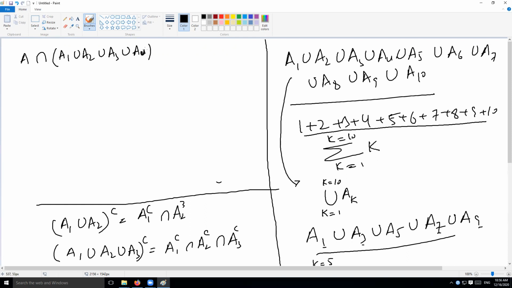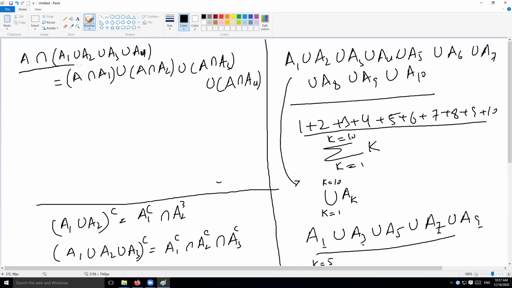It should be equal to what? By our boring way, it should be equal to A intersection A1 union A intersection A2 union A intersection A3 union A intersection A4. So it takes a lot of time. But how can I write it with the compact notation?